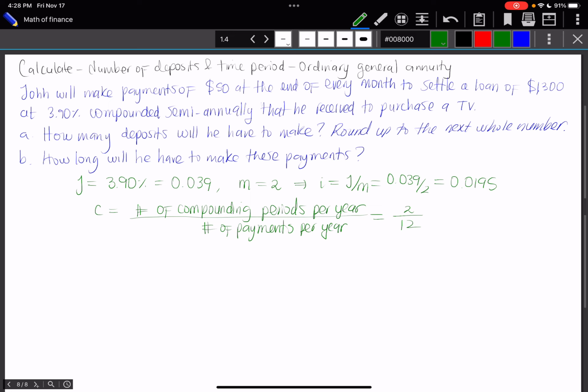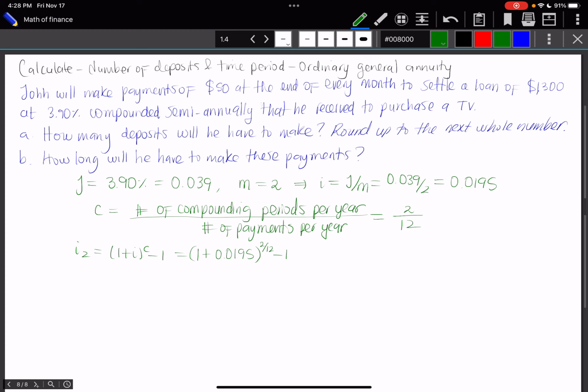With that value of c, we can compute the equivalent interest rate, let's call it i2, by doing (1 + i)^c minus 1. The interest rate we need to work with to make up for the mismatch between the compounding period and the payment period is (1 + 0.0195) raised to the 2 over 12, minus 1.